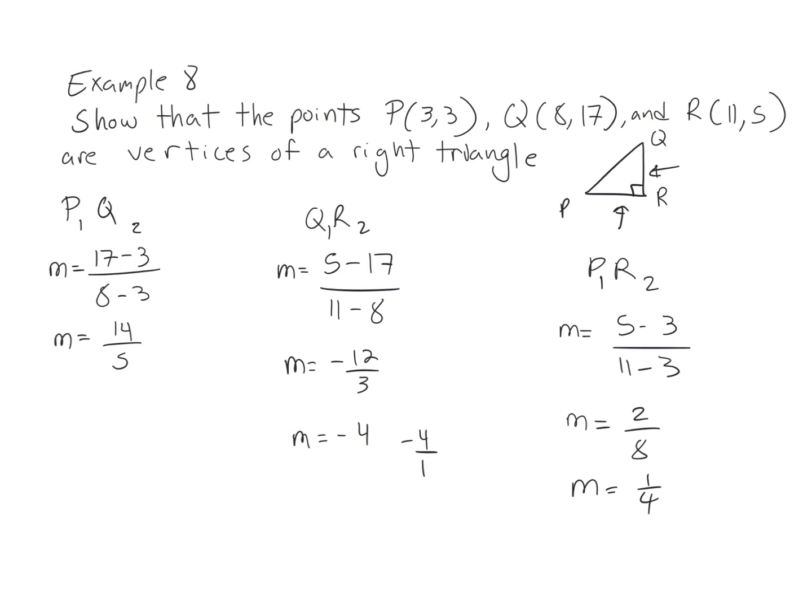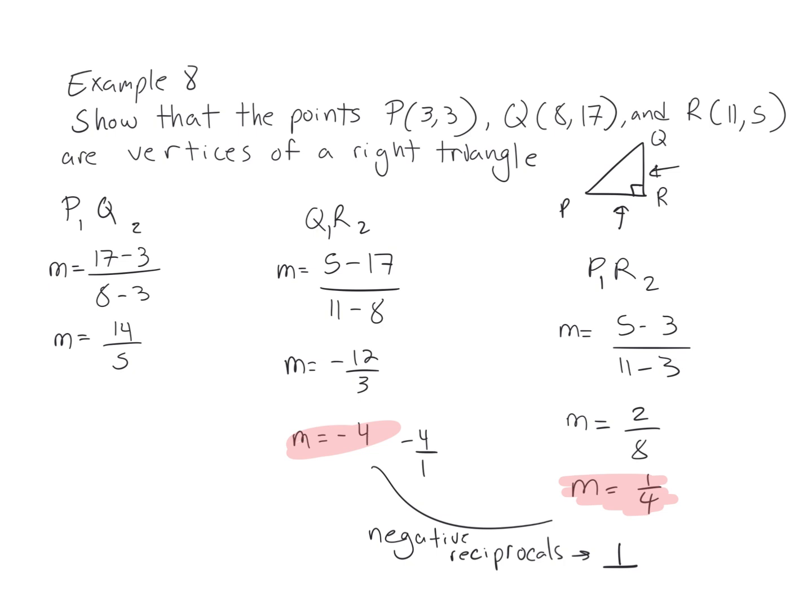Now notice how negative 4 and positive 1 over 4 are negative reciprocals of each other. So I'm going to write that in. So negative reciprocals means that it's perpendicular. That means it has a 90-degree angle. So therefore, yes, this is a right triangle.